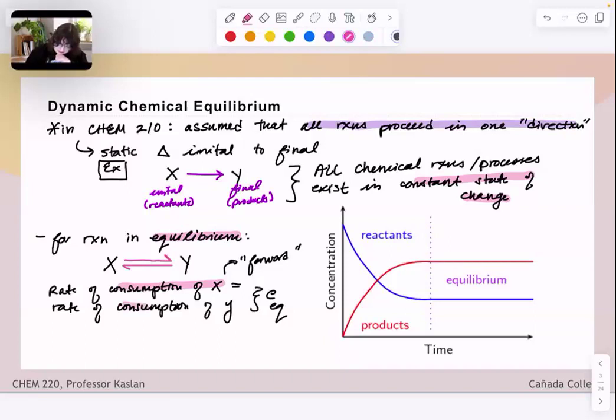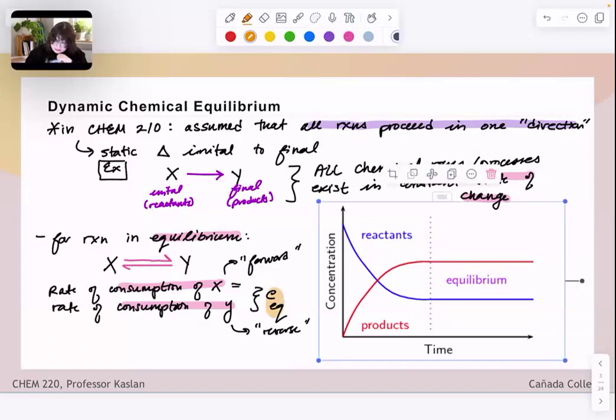And then the consumption of products would be called the reverse reaction or the reverse half of this reaction. And again, these are only conditions that are set up once we are at equilibrium.